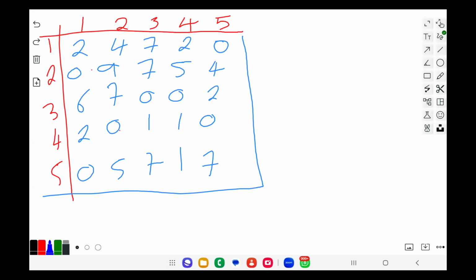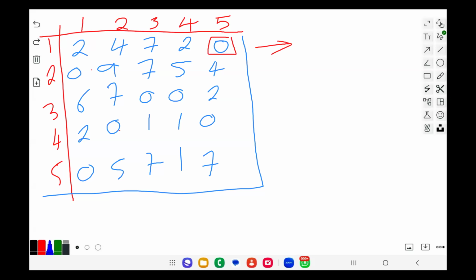I repeat, check in that row if you only have 1 zero. If you have 1 zero, you put a box, a square on that 0 like this.